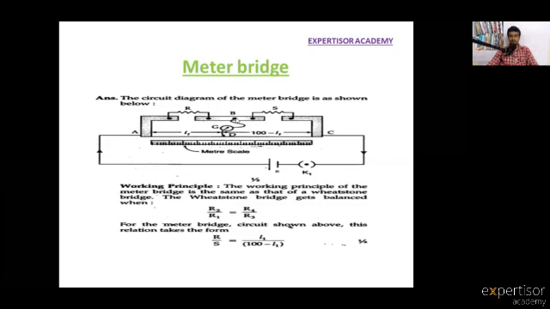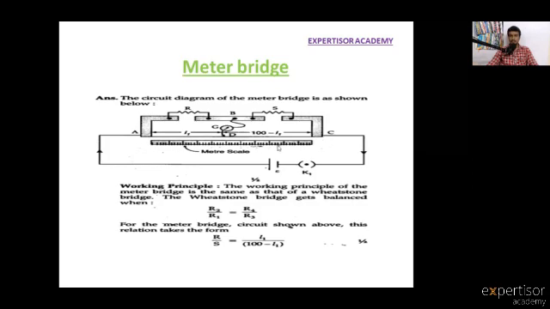Here at point B, we have the galvanometer. This galvanometer is connected with another conductor, that is a wire. At the end of this wire, we have the jockey. This jockey touches the magnet wire, which is placed in between these A and C points.